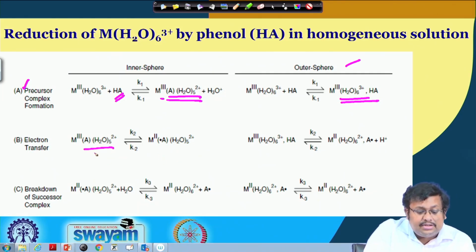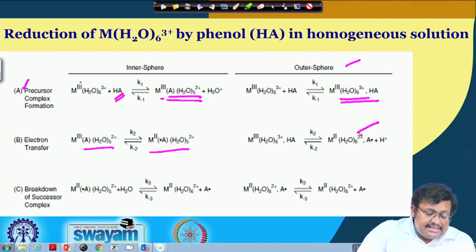You can see electron transfer is going on between the metal and the phenol group. When the electron transfer happens between the metal and this group of phenol, we can see that it is reduced to Mn2 plus.